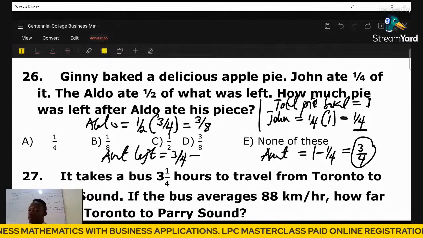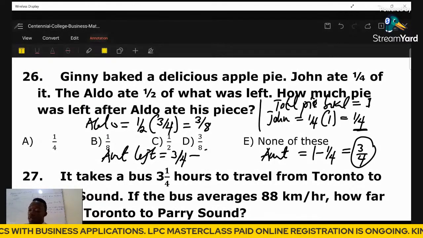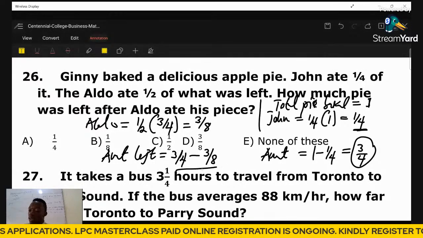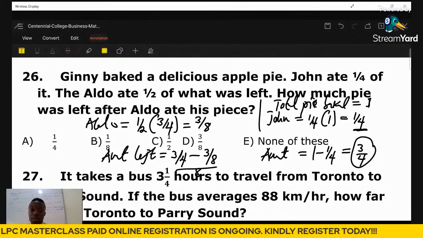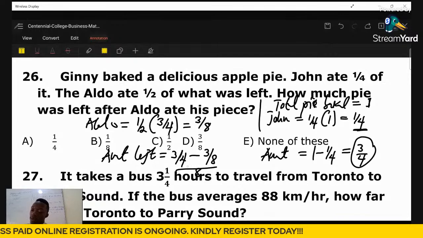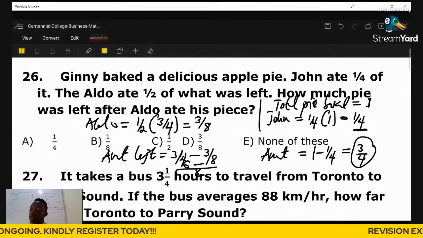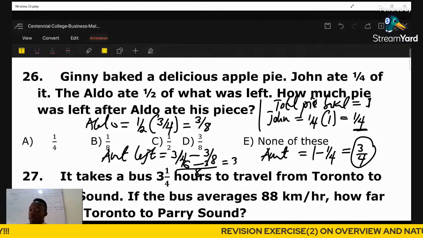So you subtract 3 out of 8. You find the LCM, which is 8. 4 goes into 8 twice, 2 multiplying 3 gives 6, and 8 goes into 8 once, 1 multiplying 3 gives 3. So we get 3 out of 8.